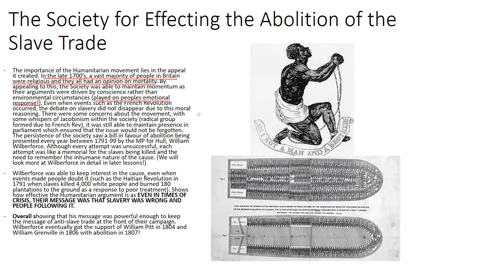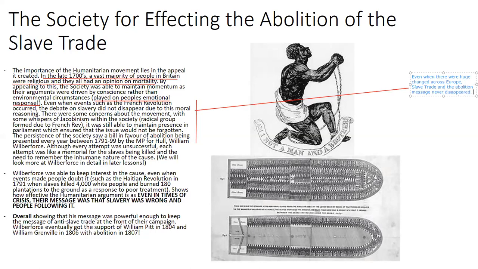Now, this bit's a bit of a challenge for the actual society. But even when events such as the French Revolution occurred, the debate on slavery did not disappear due to moral reasoning. So the key thing here, I'll add, even when there were huge changes across Europe, slavery, the slave trade, and the abolition message never disappeared.